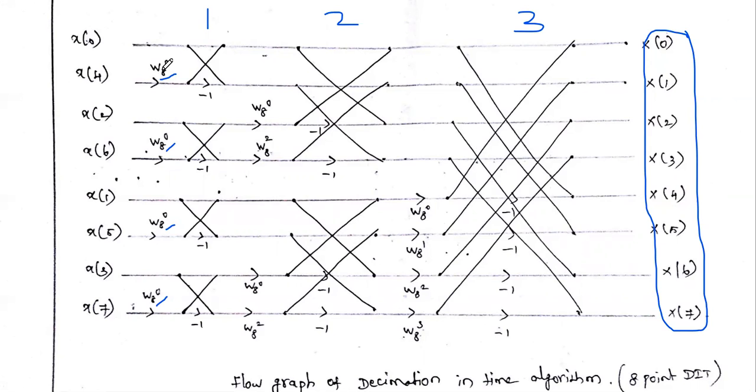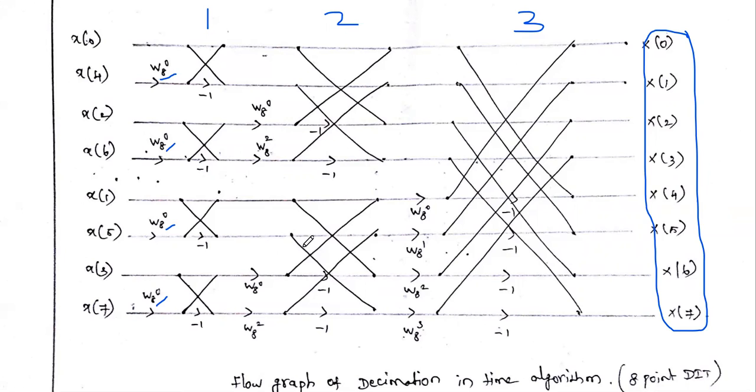And similarly, where we are placing the twiddle factor on that line, we have to multiply by -1 within this butterfly. So you see, similarly here on the W8 power 0, W8 power 2 lines we have to multiply by -1. Similarly here, on this twiddle factor line we have to multiply by -1.